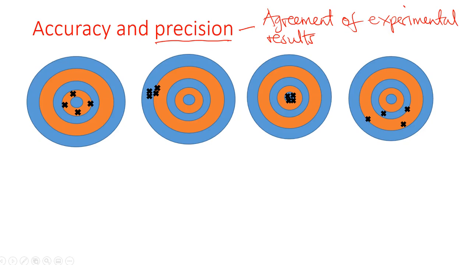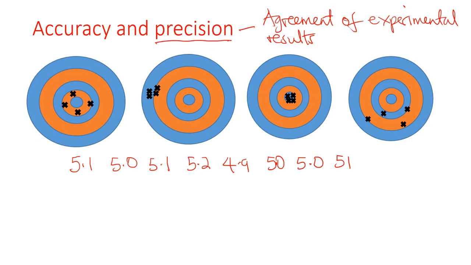So for example, you have done a measurement, and in your measurement you find 5.1, 5.0, 5.1, 5.2, 4.9, 5.0, 5.0, 5.1.